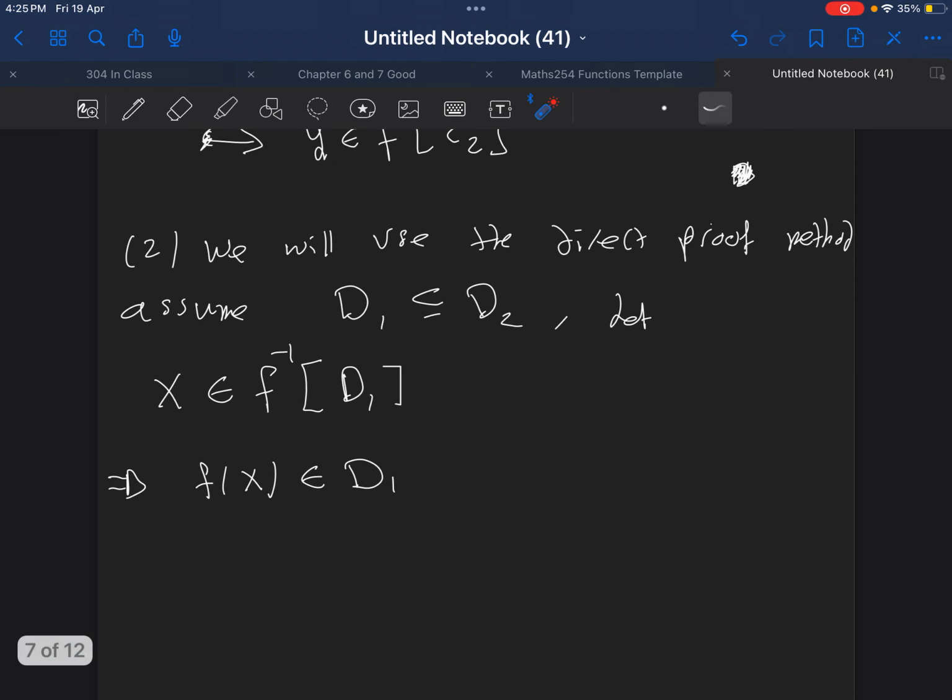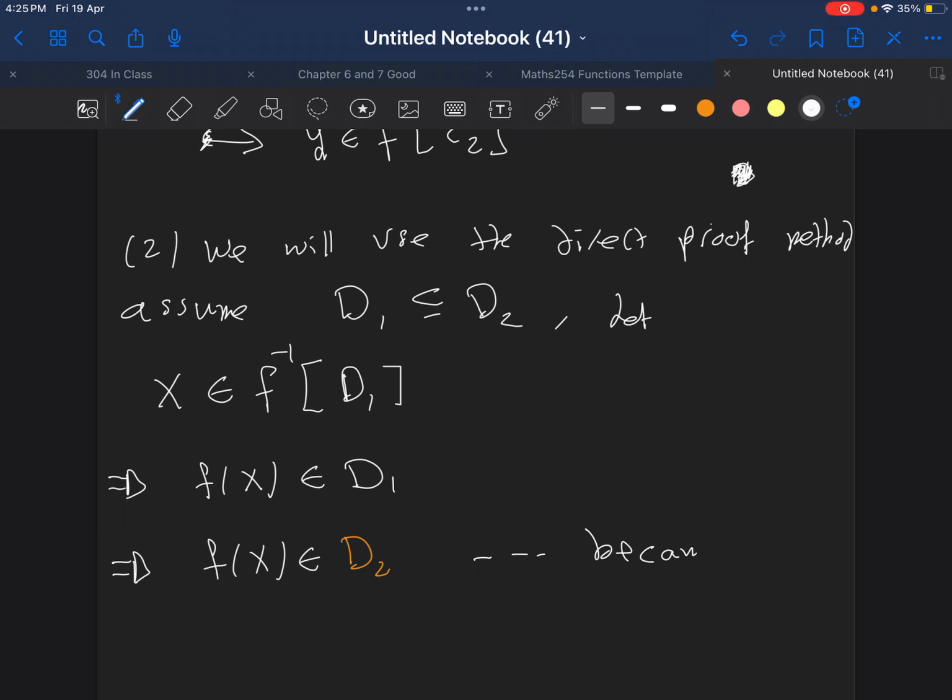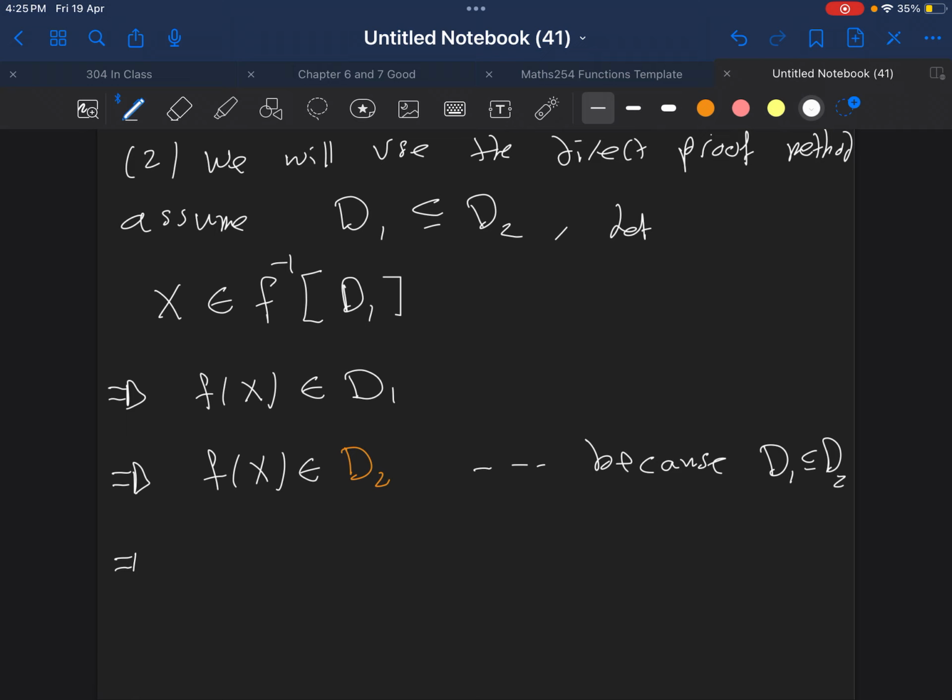But I know that if anything is in D1, it's automatically in D2. So I can write the same statement once again, and here I just change D1 into D2, and this is because D1 is a subset of D2. Now, if f of x is in D2, it means x is in f inverse of D2. And that's exactly what I want to prove.